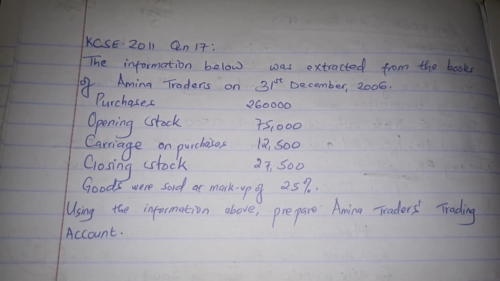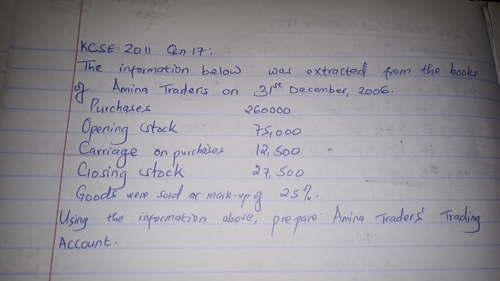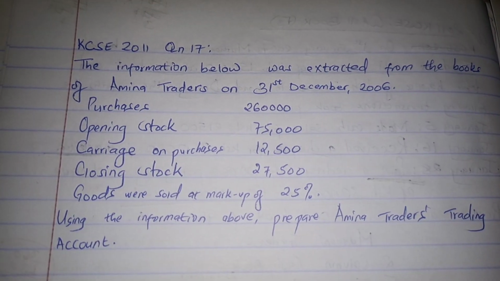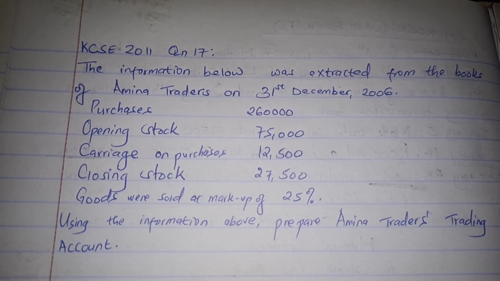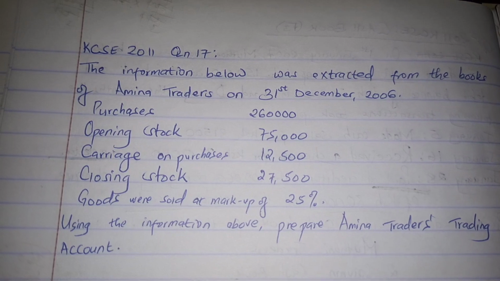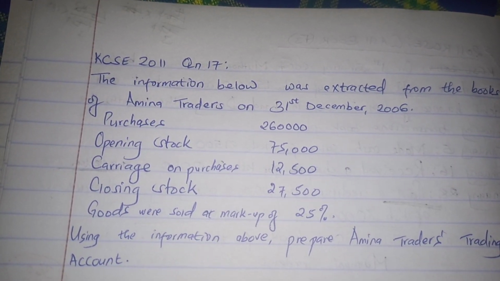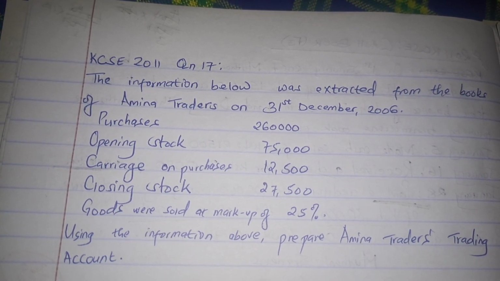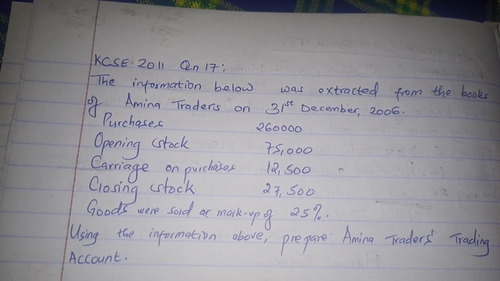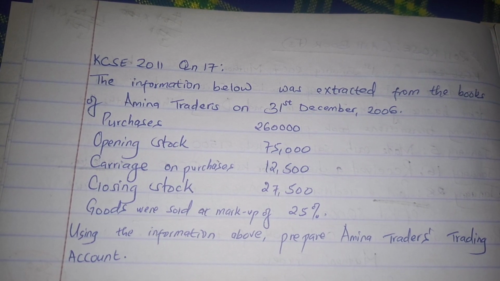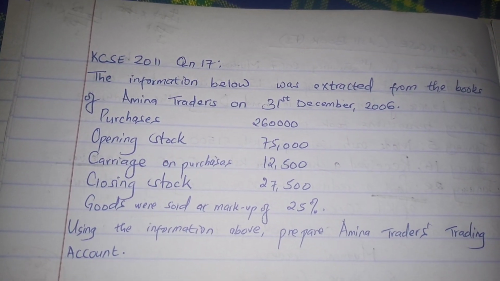In today's lesson, we are going to discuss a question on trading account. The question reads: the information below was extracted from the books of Amina Traders on 31st December 2006.